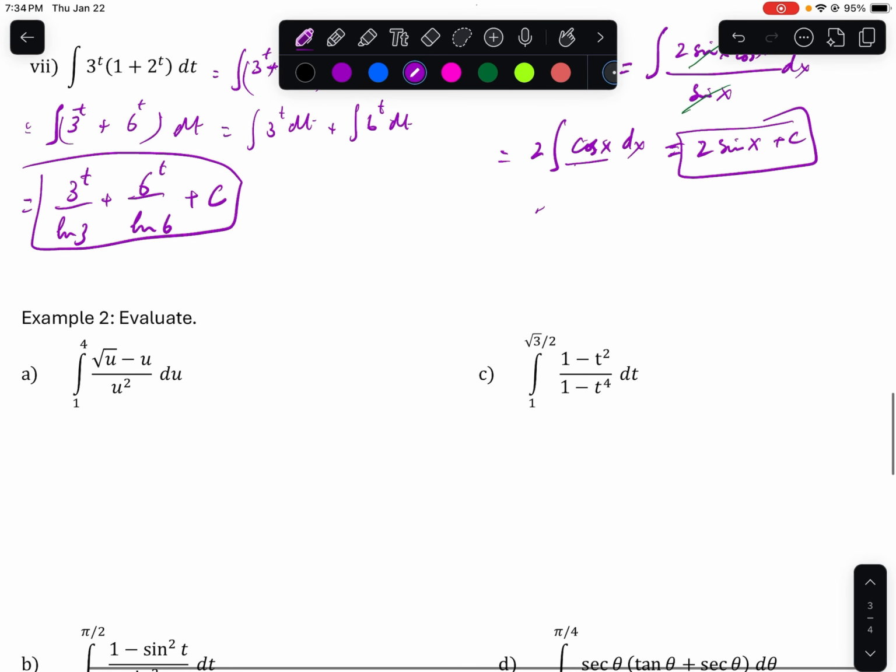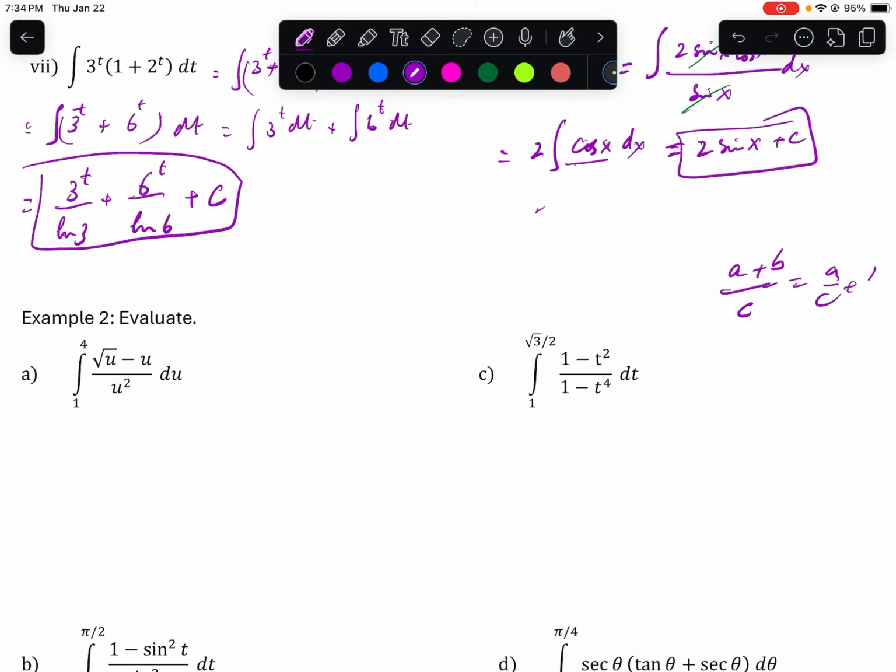Okay, now we are going to do definite integrals. Now again here, how will we solve this one? Well, if you recall, by algebra, if you have a plus b over c, you can write it as a over c plus b over c.